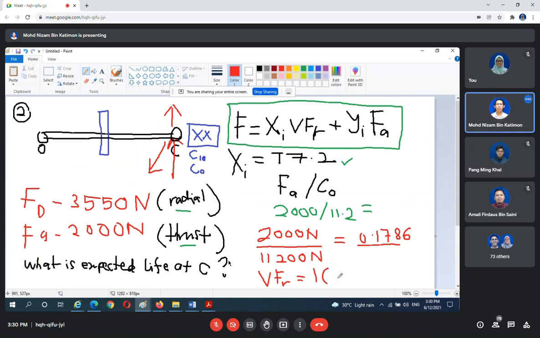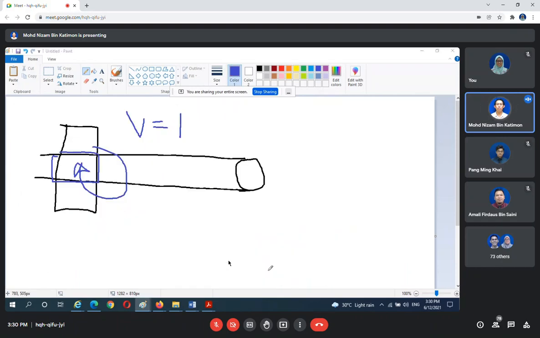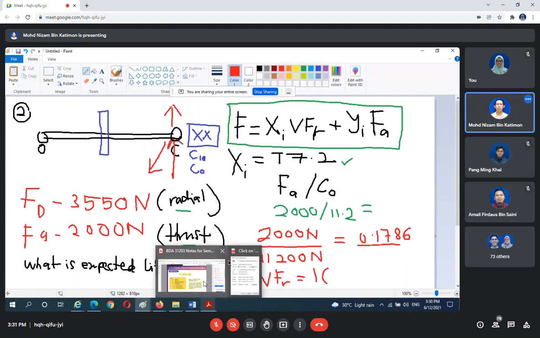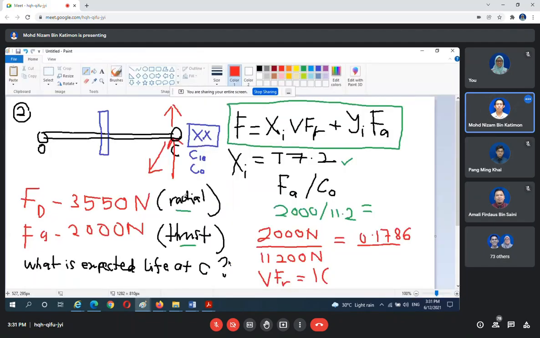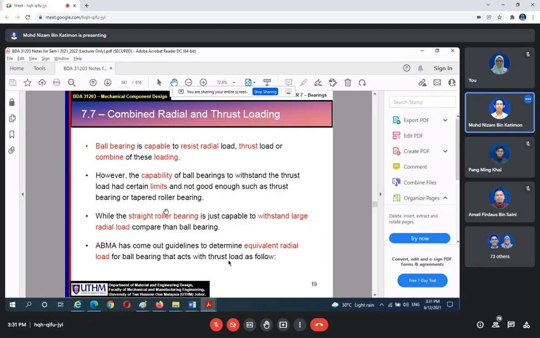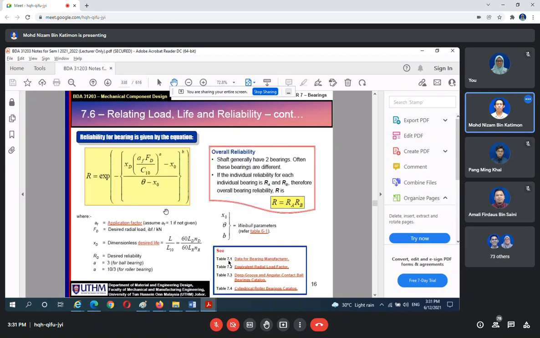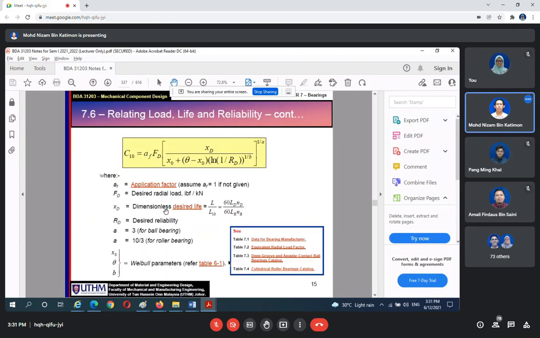What is FR? Radial load. FR is the radial load, how come I used FD? Desired radial load.